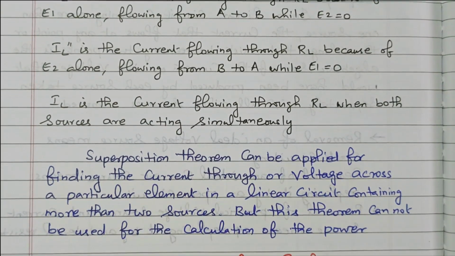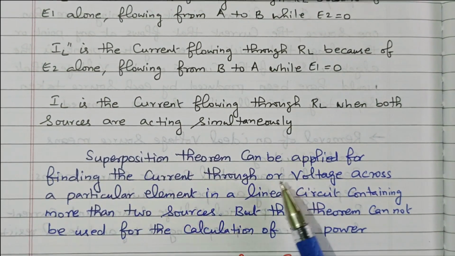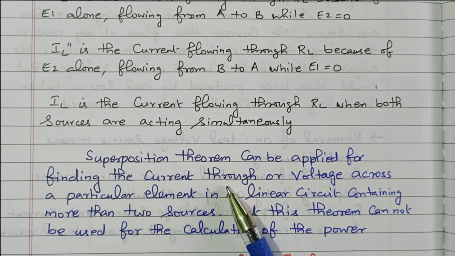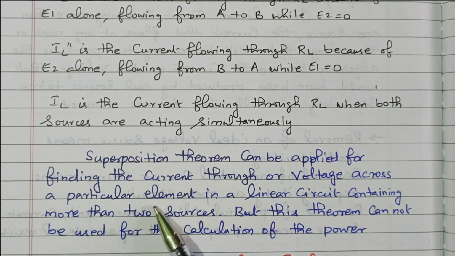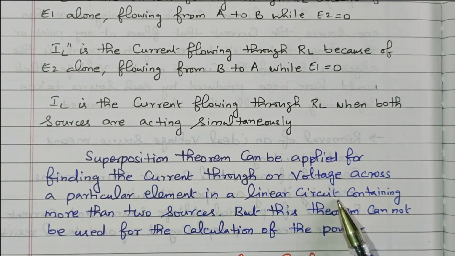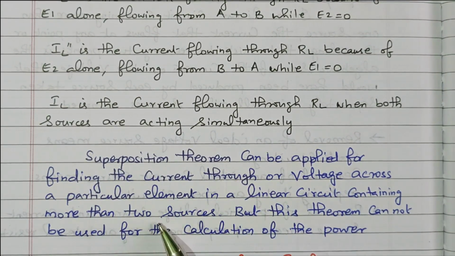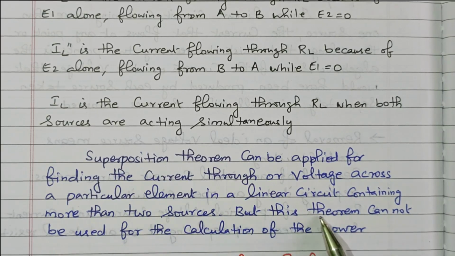Right. Now we'll see that the superposition theorem can be applied for finding the current through or voltage across a particular element in a linear circuit containing more than two sources. But this theorem cannot be used for calculating the power. Right? So the limitation is there.